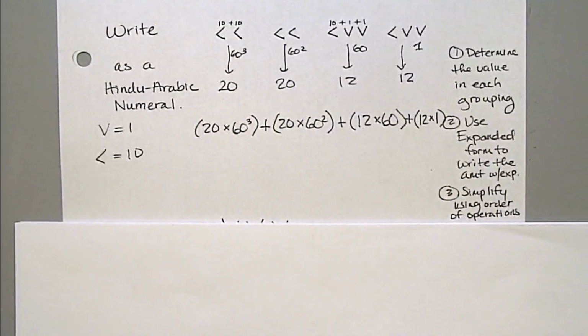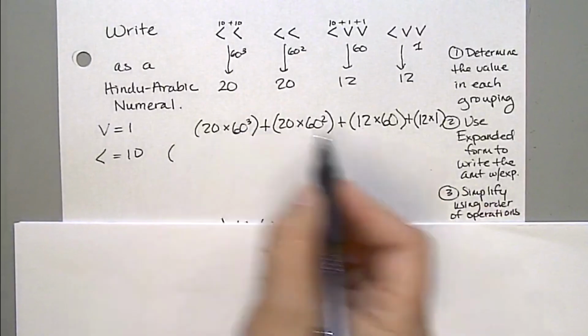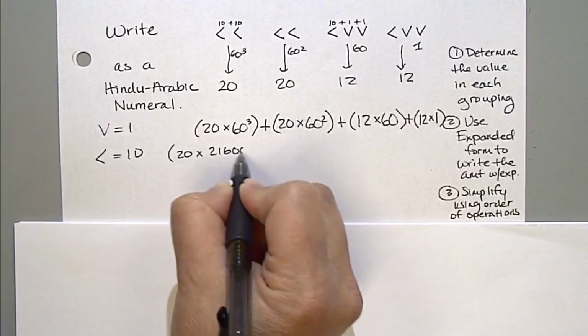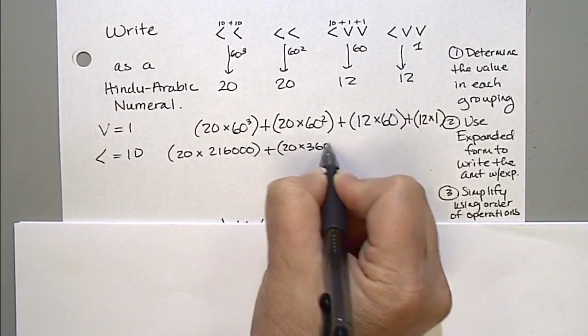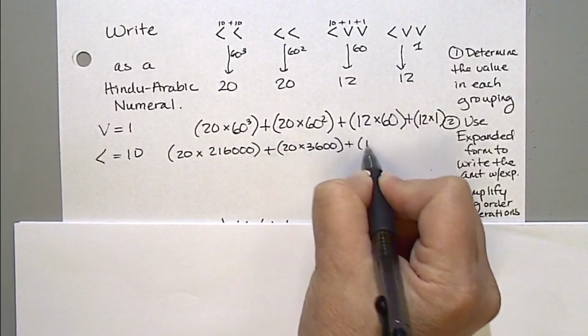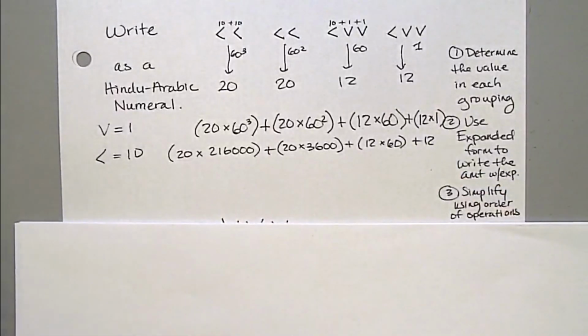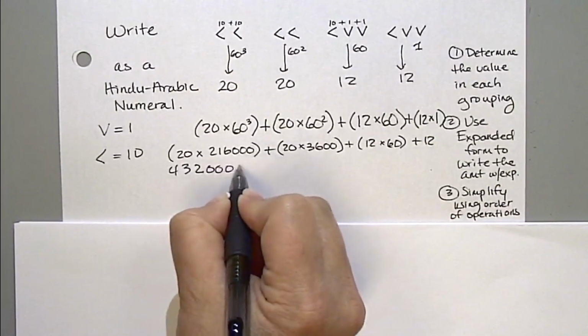So, real quick, I know we're coming to the end here. And again, if you have a good calculator with parentheses and the exponent key, you can type this in all at once. But we would have 20 times 216,000 plus 20 times 3,600 plus 12 times 60 plus 12. Multiply further. And we've got 432 with 4 zeros after it.